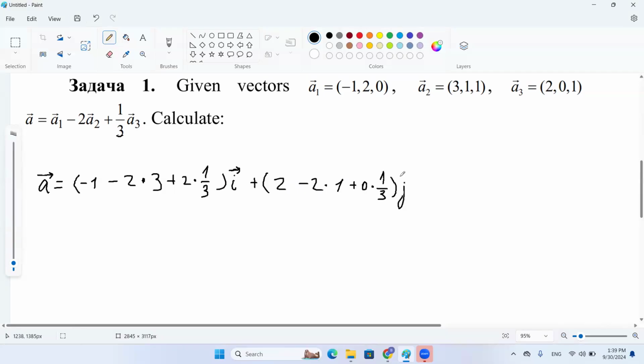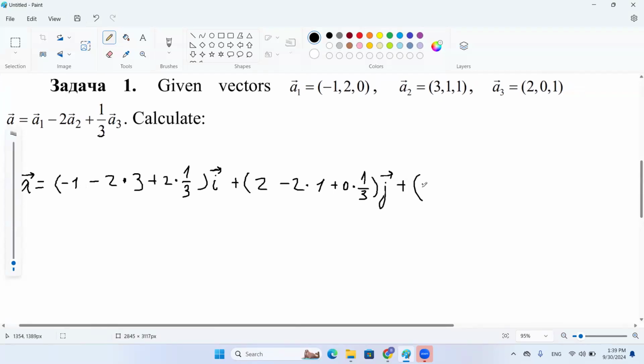And j, plus and the last, 0 -2 plus 1/3. Okay, and let's calculate just to the final result.